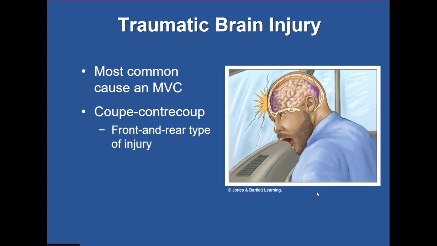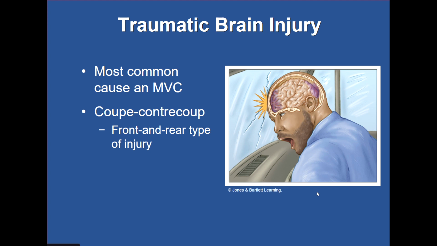This is an issue because we have bruising that occurs on the brain, and the result could be swelling. You could have vessels that get torn as that brain sloshes back and forth, and that increases with age as well. All right.